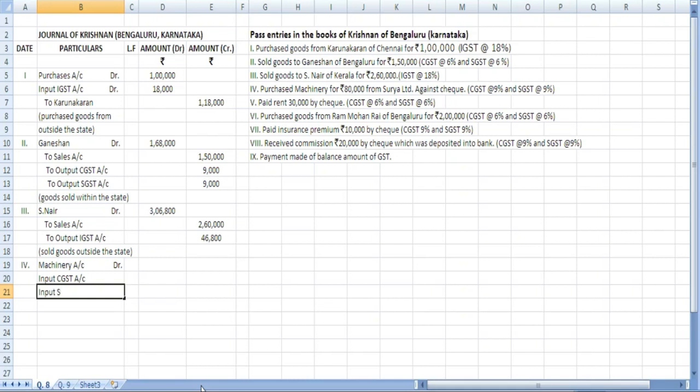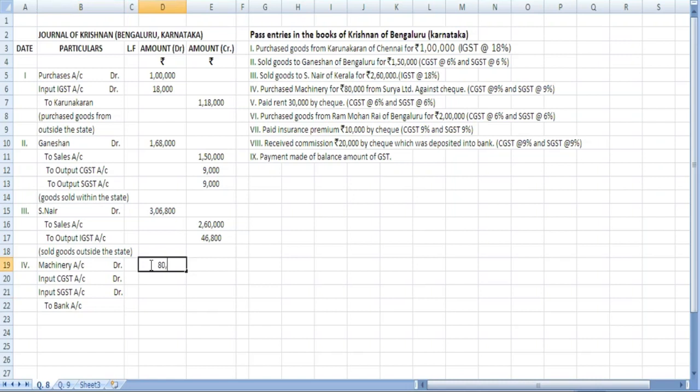Input SGST account will also be debited, and we have paid through check, so we'll write to bank account.